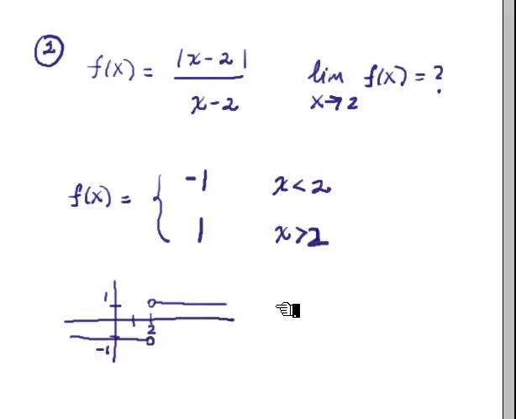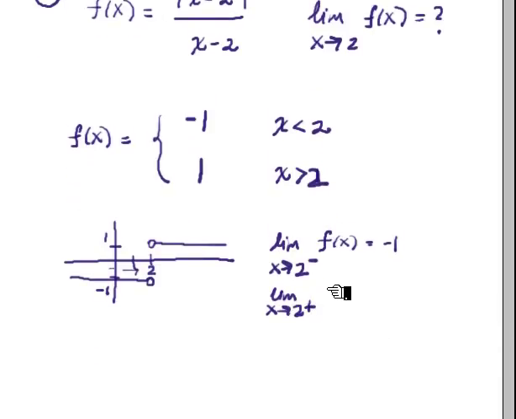So the limit as x goes to 2 from the left, we're approaching from this way, from the left, we're down here at minus 1. And the limit as x goes to 2 from the right, we're approaching this way, and we're up here at positive 1.